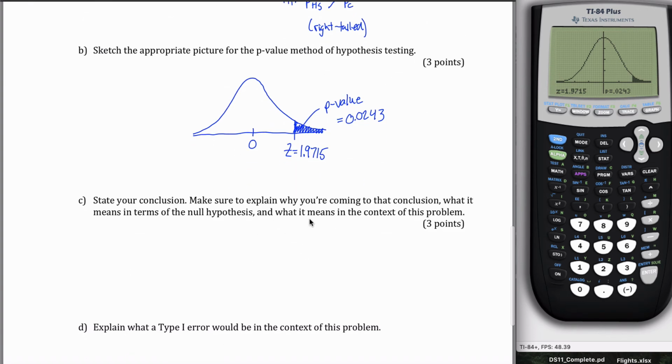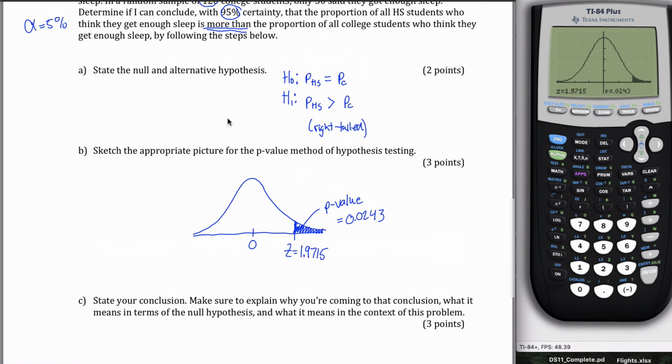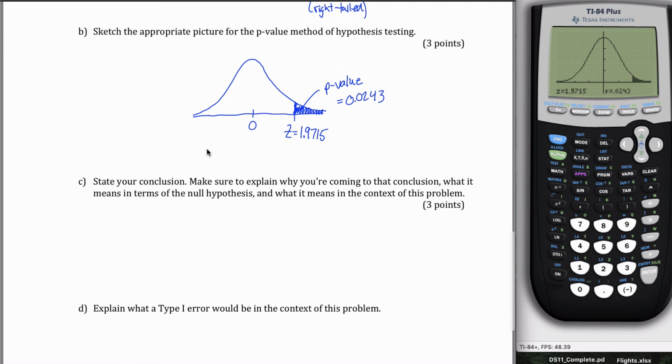What's that mean? What's your conclusion? Well, we're going to do the same thing we did last time. We're going to compare p-value and alpha. This time the p-value is about 2% and alpha is about 5%. So unlike the last time when the p-value was greater than alpha, this time the p-value is less than alpha. So because p-value, which again, for the reader's convenience, I'm going to restate, you don't have to, 2%, that's less than alpha, which was 5%.